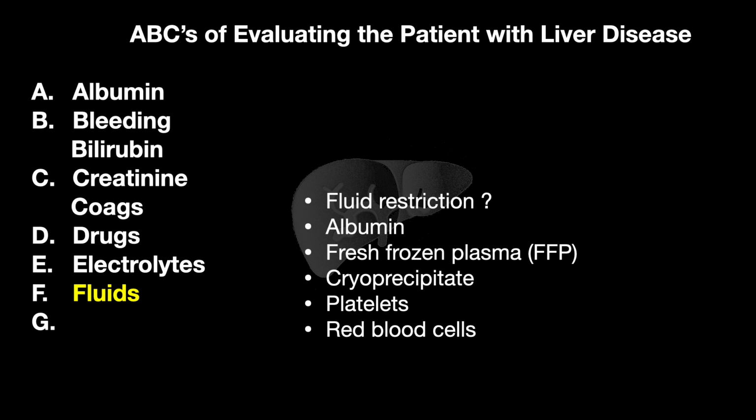FFP, cryoprecipitate, and platelets may be indicated for patients with abnormal coagulation profiles who are bleeding or at risk of bleeding. And of course, red blood cells may be necessary for surgical patients or patients with active GI bleeding. As you assess a patient with advanced liver disease, you should carefully consider your plan for fluid management.